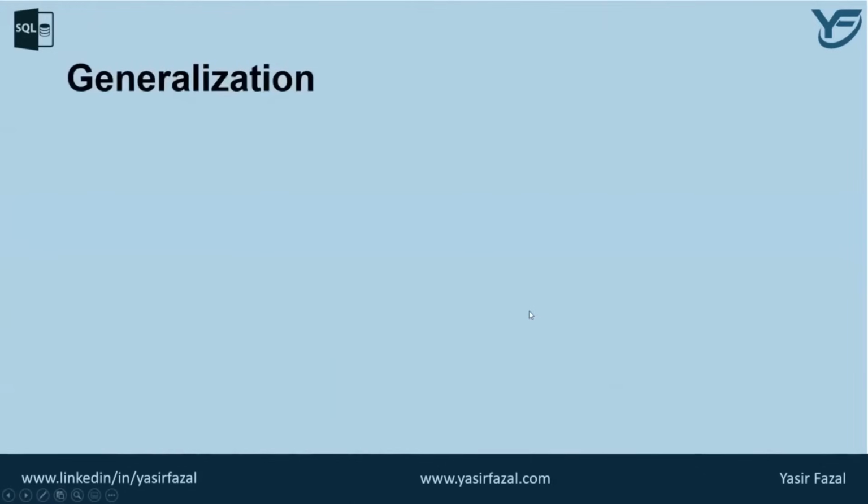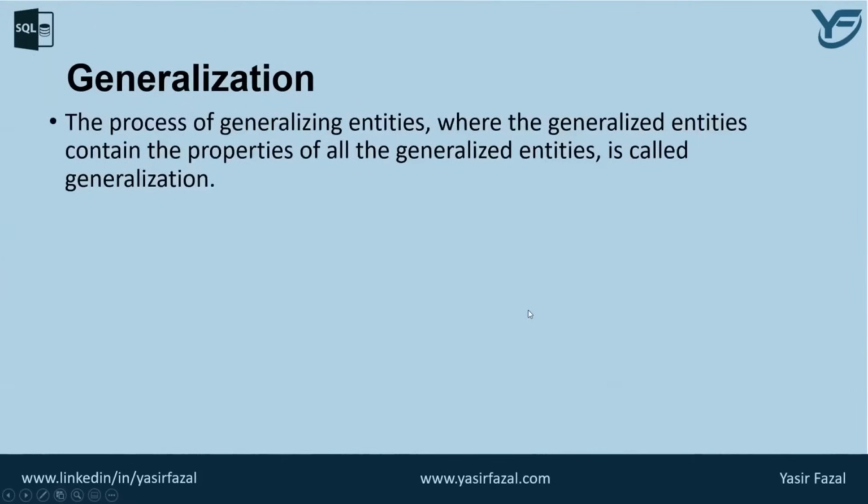When we talk about generalization, keep one thing in mind: generalization is more like a bottom-up approach in which two or more entities of lower level combine to form a higher level entity, if they have some attributes in common. In generalization, an entity of a higher level can also be combined with entities of lower level to form further higher level entities as well.